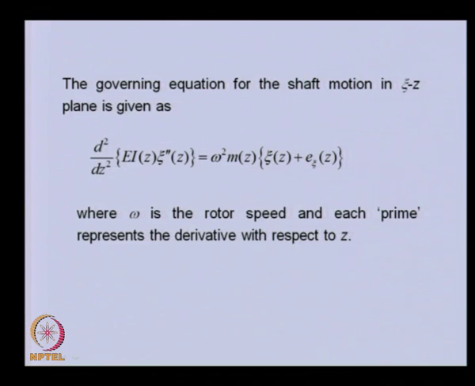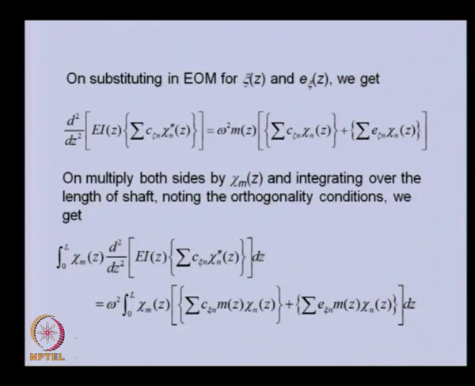Now, we will substitute the eccentricity, which we expressed earlier in the form of a series, and also the response in the form of a series, into this equation of motion. Here you can see we have substituted the response; because it contains a double derivative, this is constant, so the double derivative will come on the eigenfunction. Here this is the response, and this is the eccentricity expansion, and all the summations vary from 1 to infinity, so for all the possible modes of the continuous system.